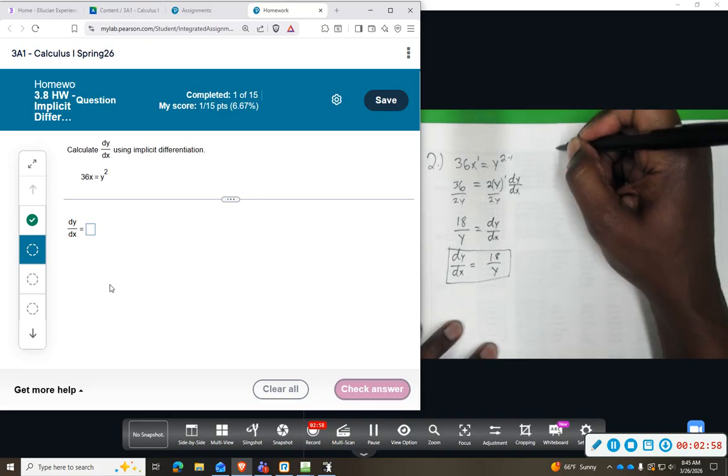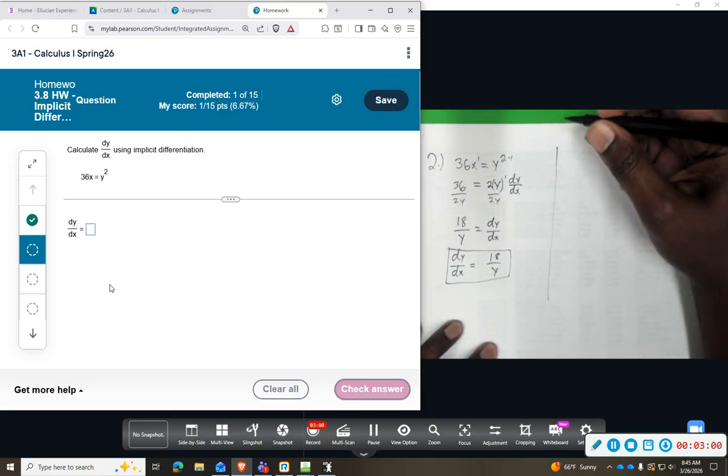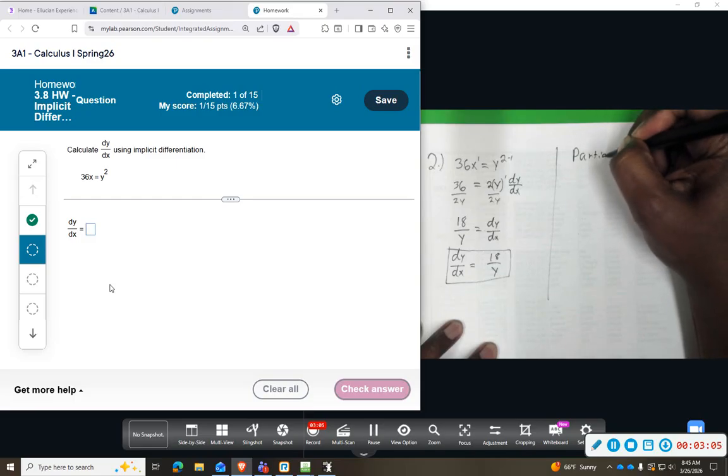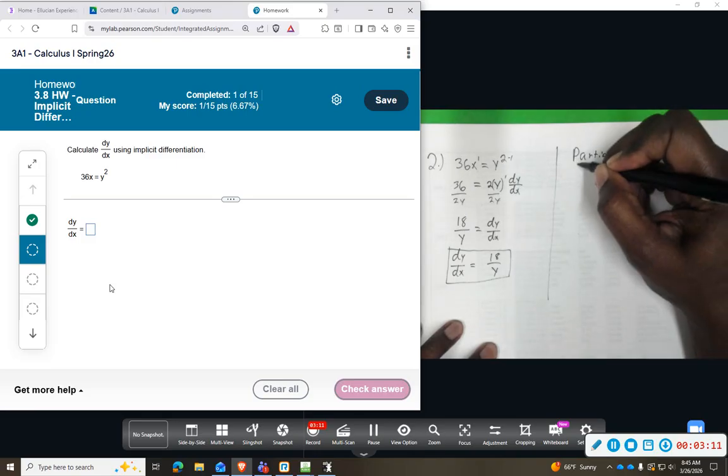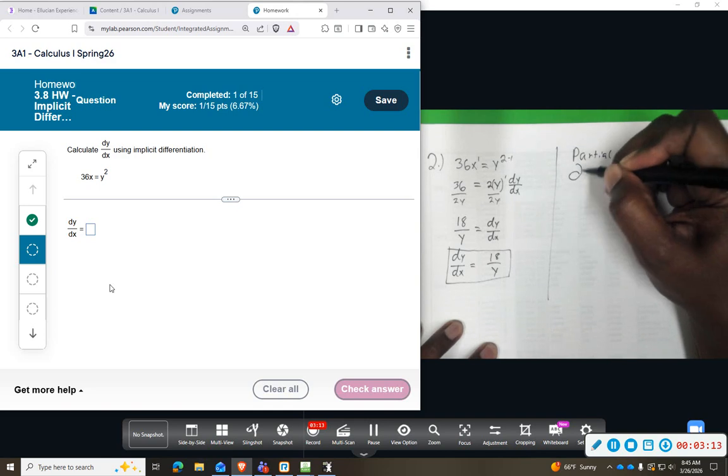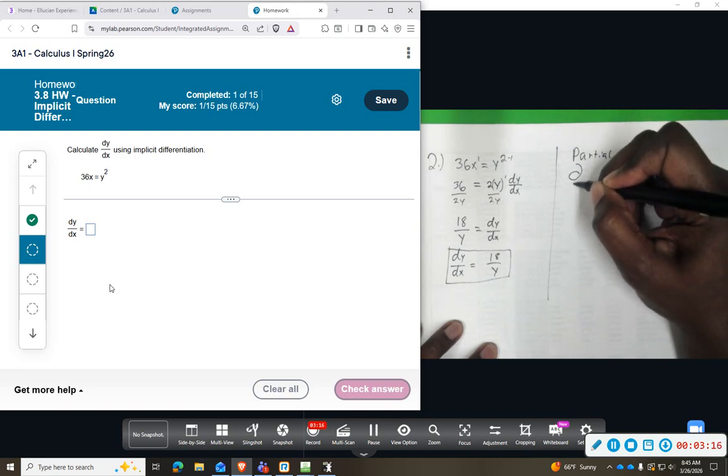The second method is an advanced method called partial derivative. It looks almost like a 2, but it's like it's not finished.